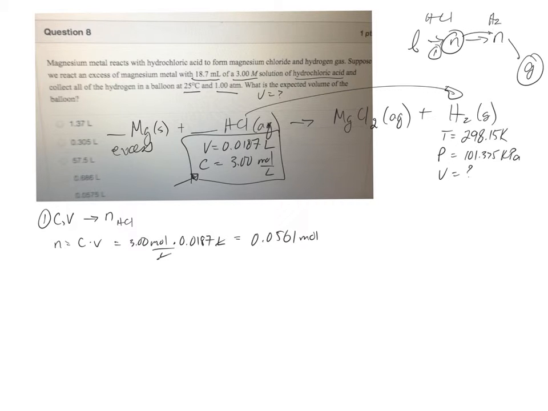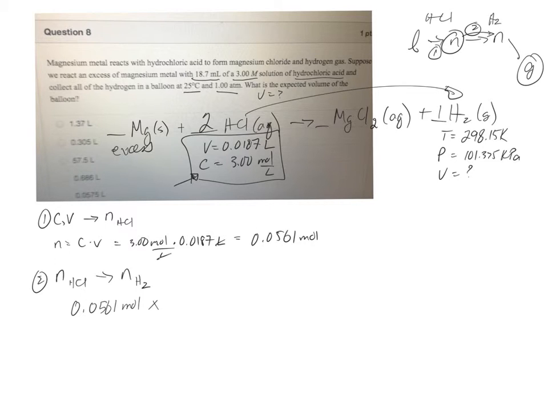Now let's do step 2, get across the river. So I want moles of HCl, and we're going to convert that to moles of hydrogen. So I write what I have, 0.0561 moles times, well, I didn't balance the equation. Whoops. There's a 2 here. I think that balances it, doesn't it? 1 magnesium, 2, yeah.